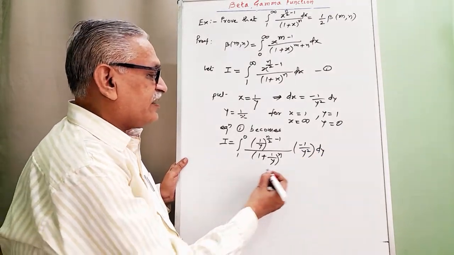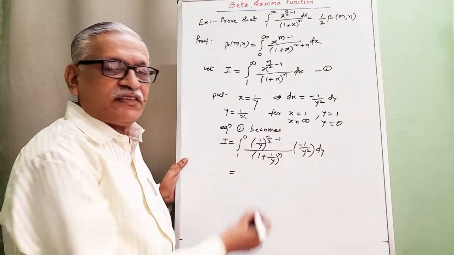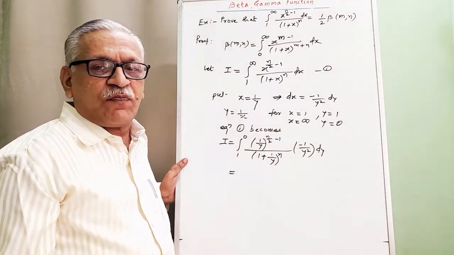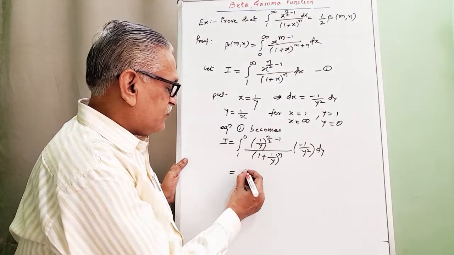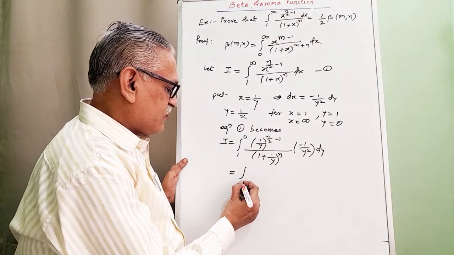Then cancelling the minus sign by changing the limits as per the property of definite integral, it is from 0 to 1.